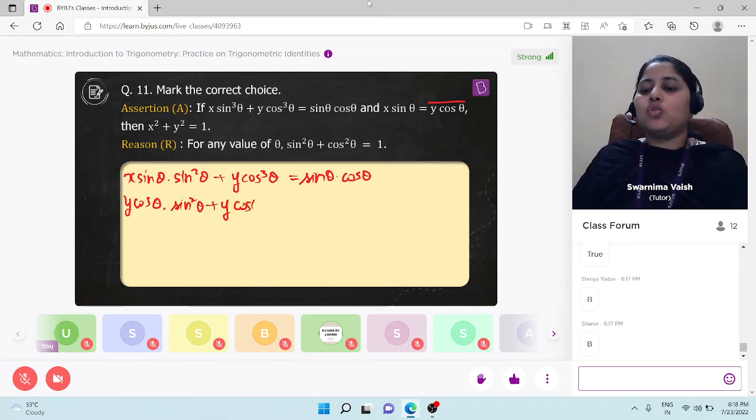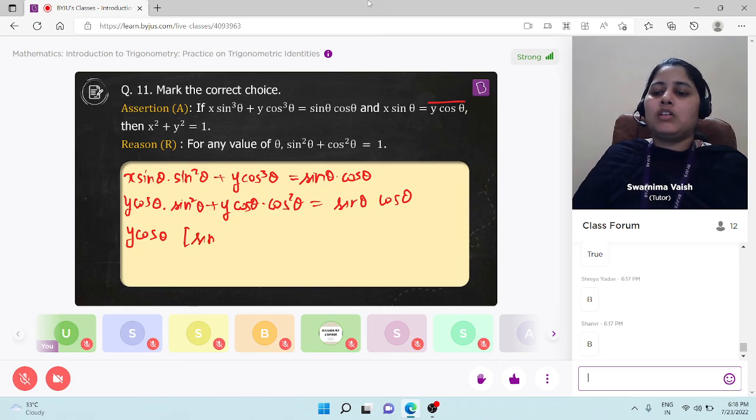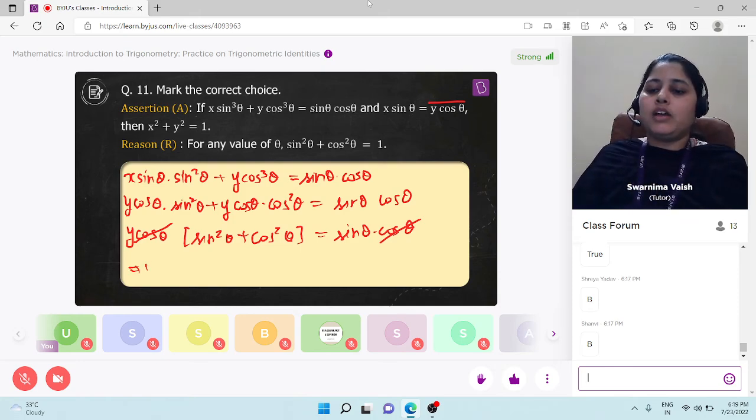We can write cos cube as cos theta into cos square theta, is equal to sine theta into cos theta. We can take y cos theta as common. We are only left with sine square theta plus cos square theta. Cos theta to cos theta is cancelled out, and this value will be equal to 1 from the first identity. It means y will be equal to sine theta.